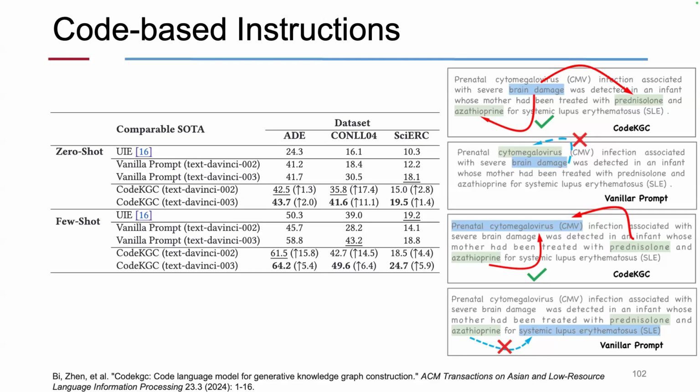The two treatments the parent got are causing the disease of the infant, basically the brain damage and also the CMV, right? So this would be the correct one, but without the code, with the vanilla prompt, they find pretty wrong ones, right? So that is basically one of the methods I think is also pretty interesting.